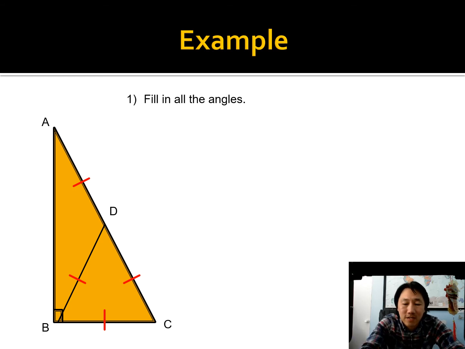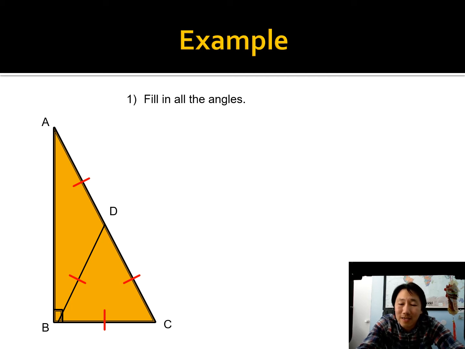All right, so the first thing you should see is there are these red tick marks, and they're important. A lot of times you cannot just look at a picture and say, oh, that looks the same, so I'm going to say they're the same side. That's not the case. You have to look at the tick marks.